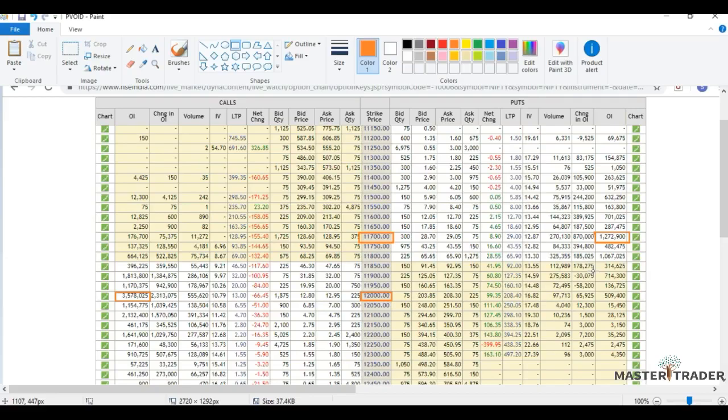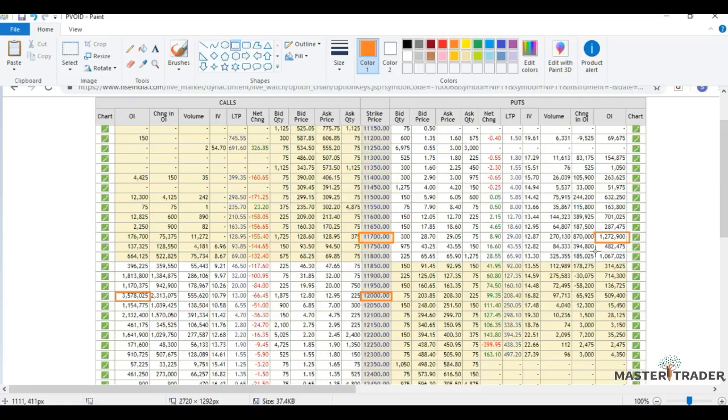or they're trying to create fresh selling positions. Okay, I hope this is not confusing you. Positive open interest here means that people are selling put options.